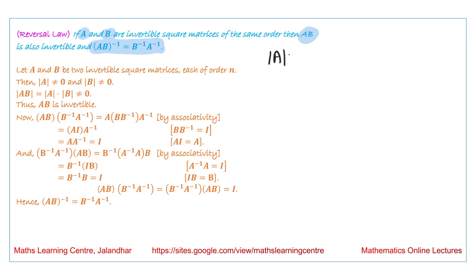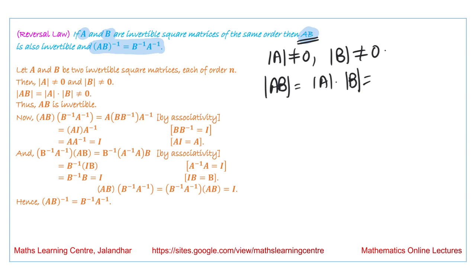It means determinant of A is not equal to 0, and determinant of B is not equal to 0. Now to check whether AB is invertible, determinant of AB is equal to determinant of A into determinant of B. Both these values are non-zero, so this value cannot be equal to 0, and this implies that AB is also invertible.